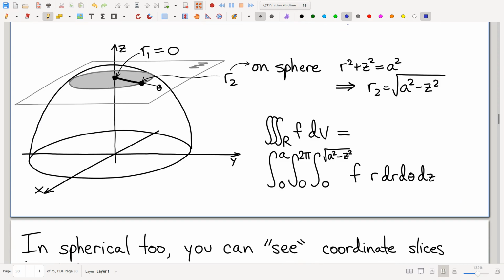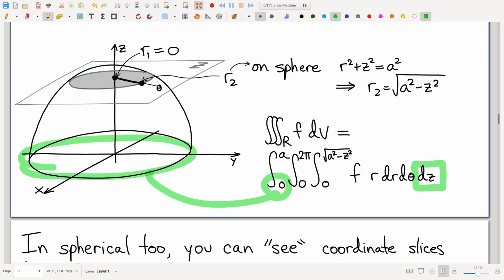Now we're going to do our Z slicing first. A Z slice, of course, is a constant value of Z, a nice horizontal slice there, and that's what they look like. Clearly starting where Z is 0, clearly ending at the top where the value of Z is also a radius.